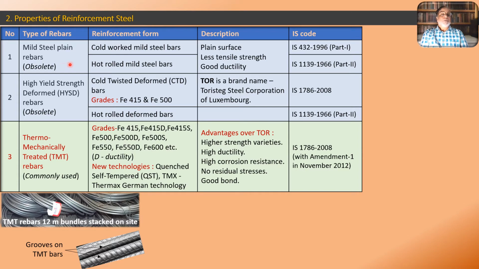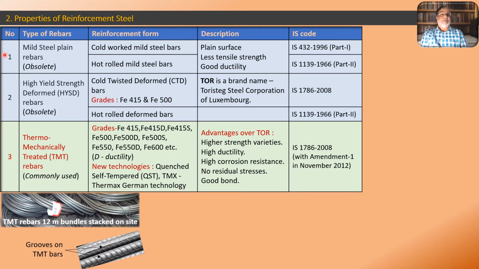This reinforcement also comes in two forms: cold worked mild steel bars and hot rolled mild steel bars. You know that steel is manufactured from iron ore, and it is molten at a very high temperature, and it undergoes many metallurgical processes.